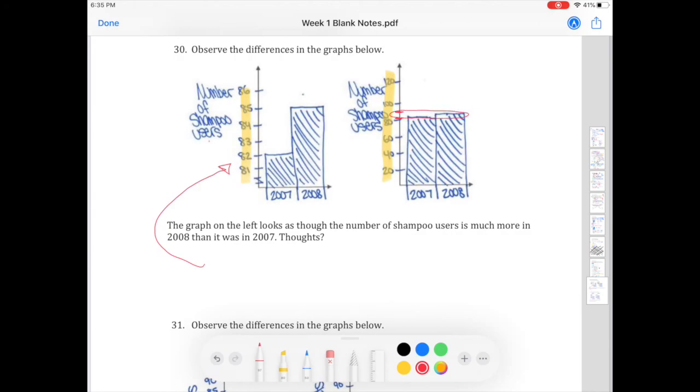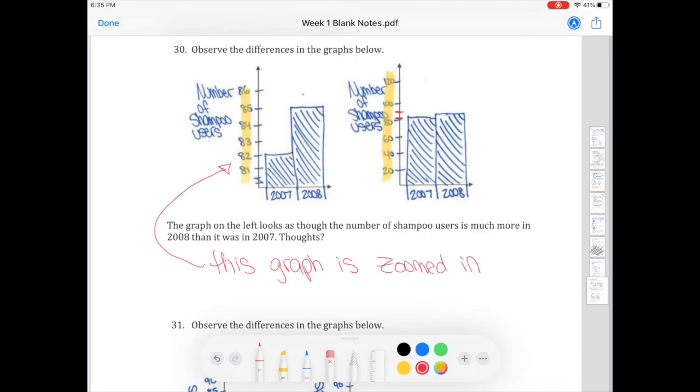Which is kind of crazy. So that's why it looks like such a big difference, because right here, it doesn't look so big, but when you zoom in, it looks like a much more significant change. So this graph is zoomed in.